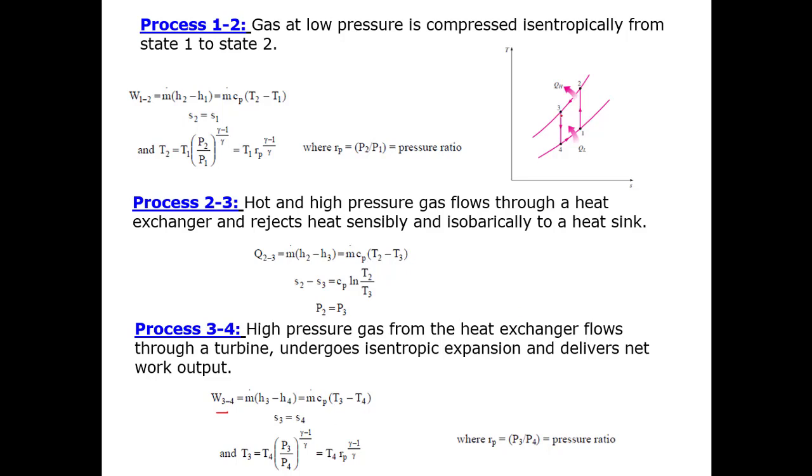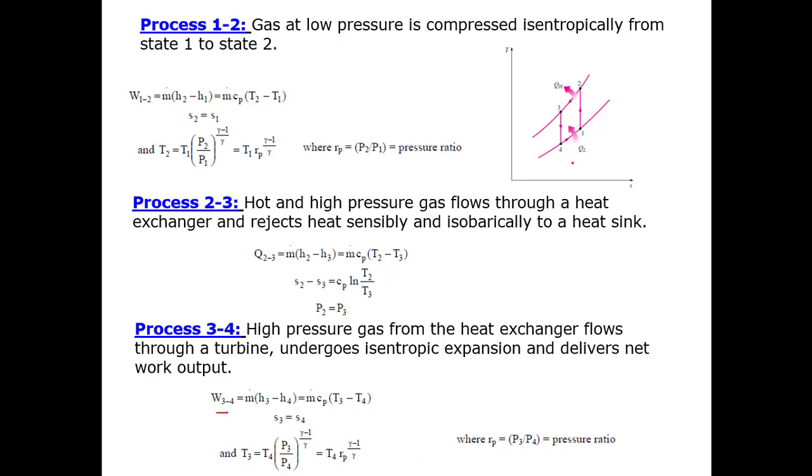And since this is an isentropic expansion, we can write T3 by T4 is equal to P3 by P4 raised to the power (gamma minus 1) by gamma, which is equal to the pressure ratio Rp. So here we can get it in terms of the pressure ratio.